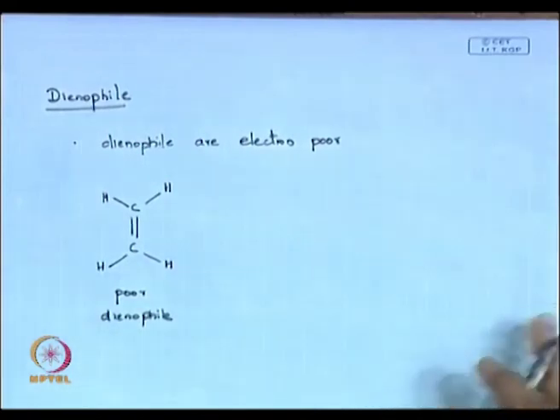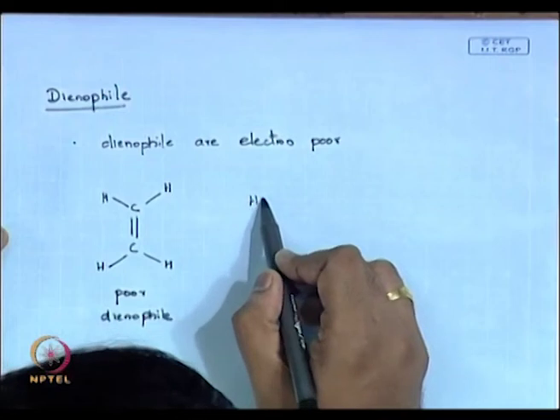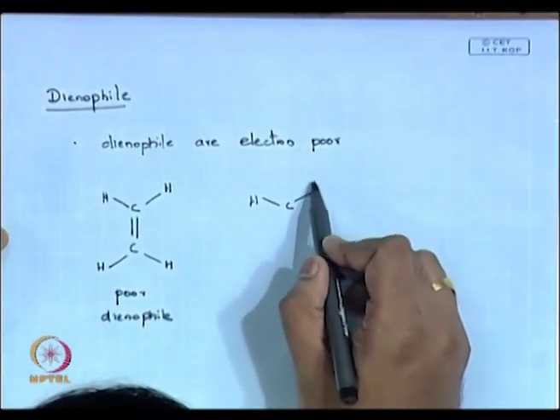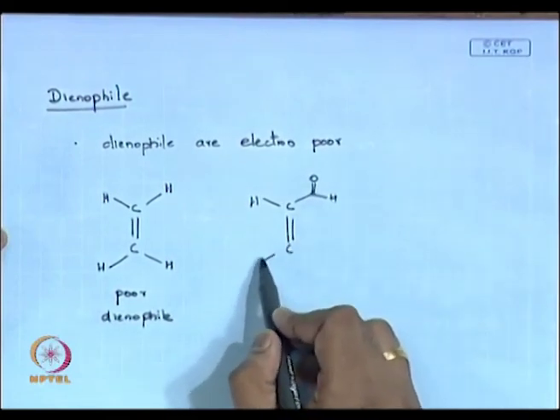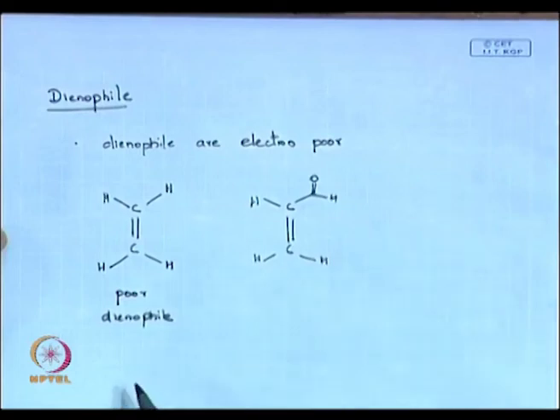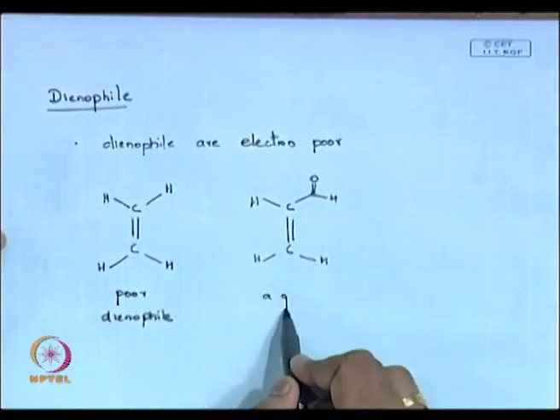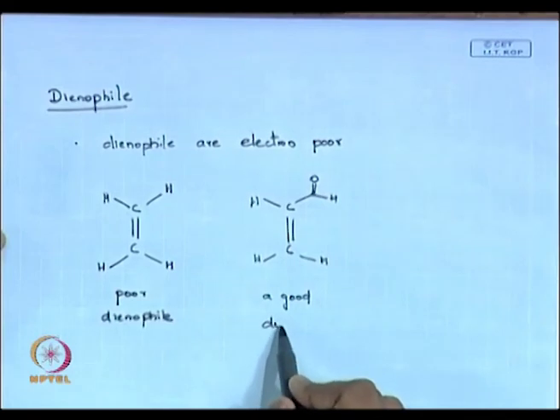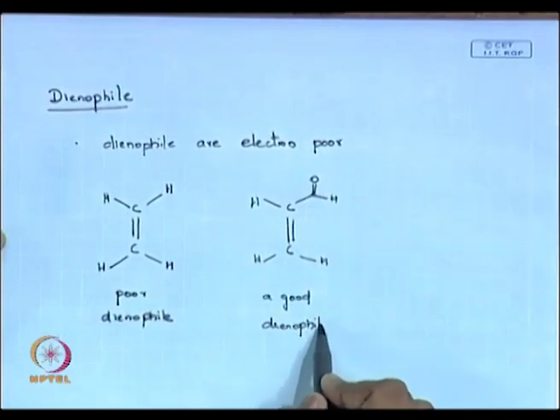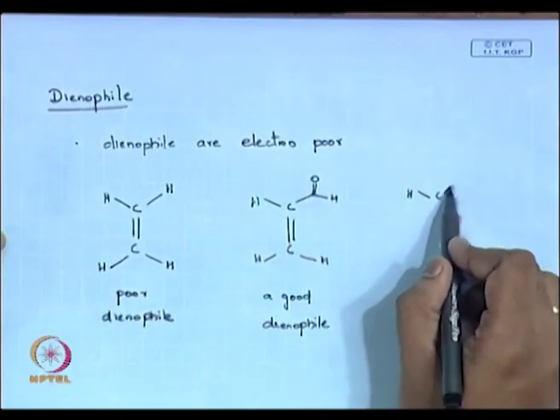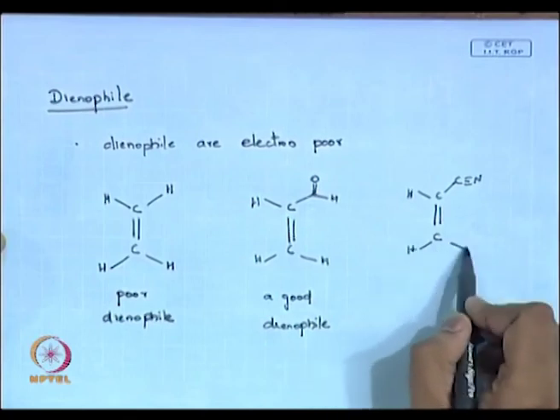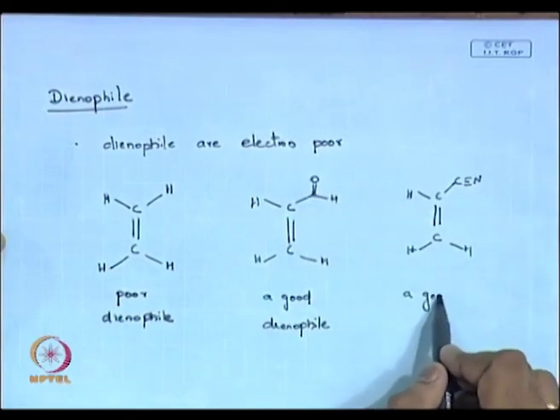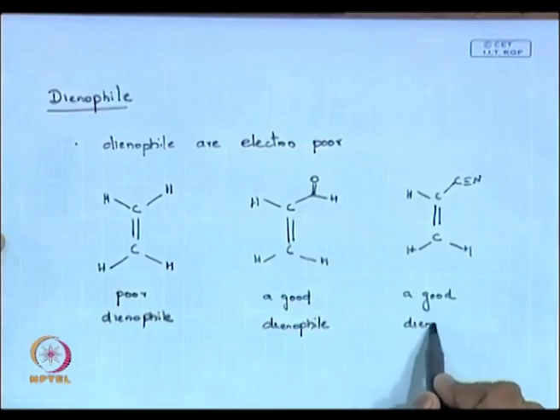But if you can attach an electron withdrawing group, then it becomes a good dienophile. In the same way you can think of attaching a nitrile, a very good electron withdrawing group.